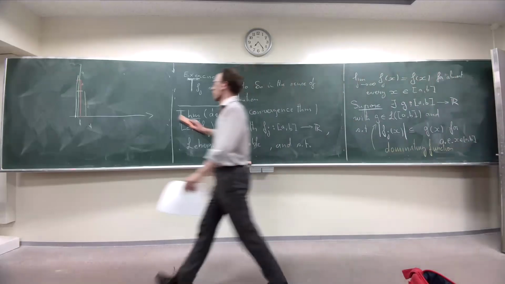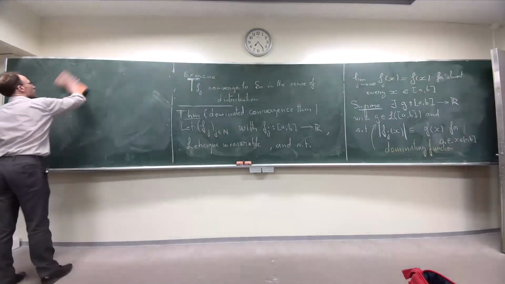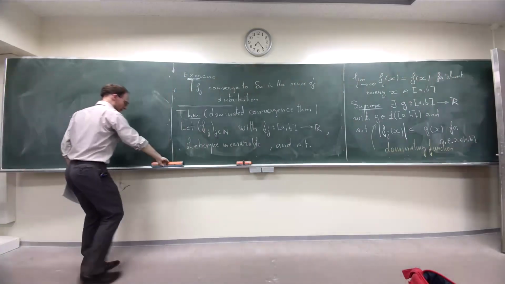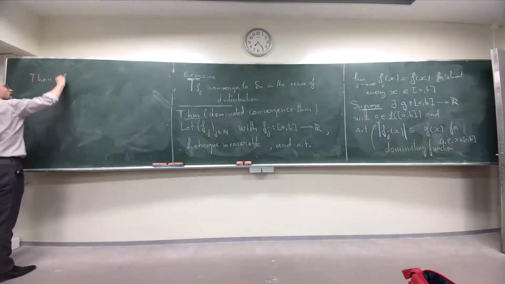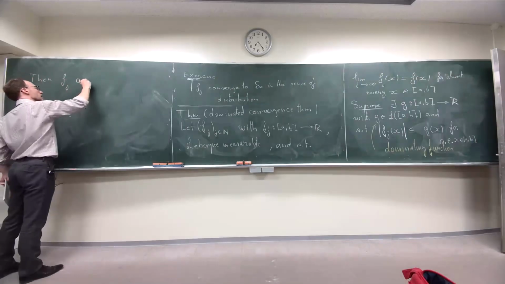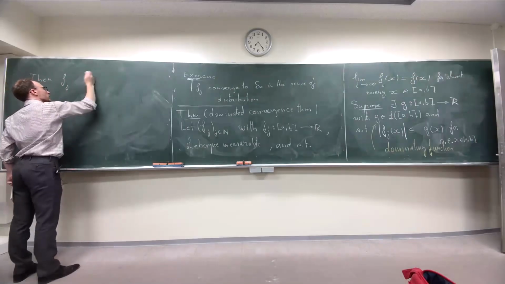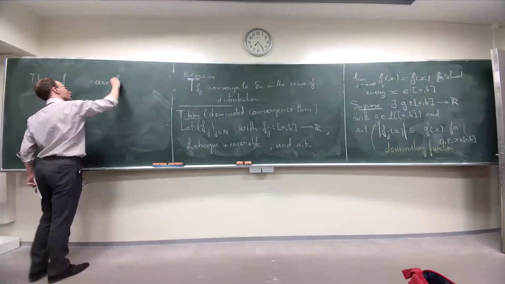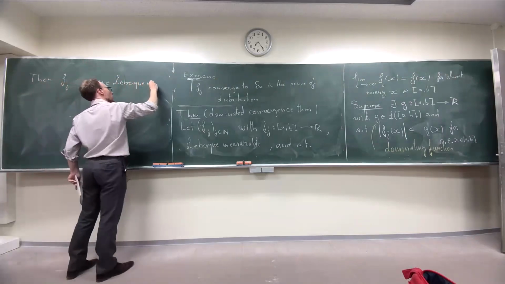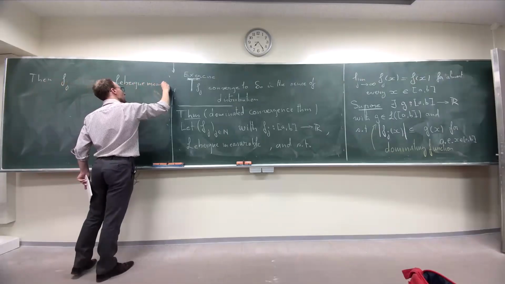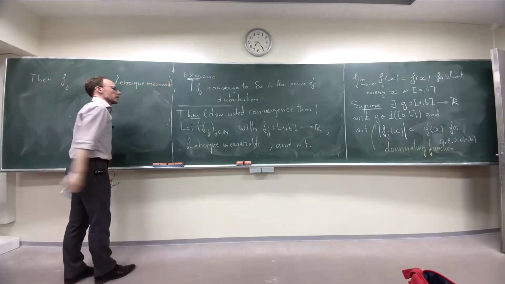And then what is the conclusion? Part of the conclusion we already know. Then fj are Lebesgue measurable. I already mentioned this a while ago.